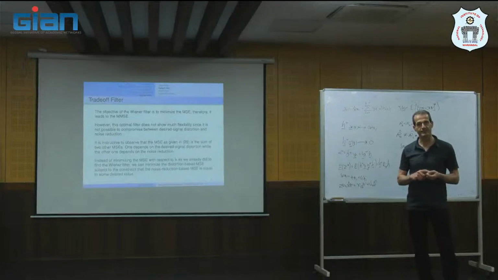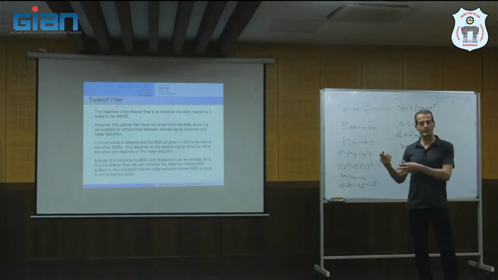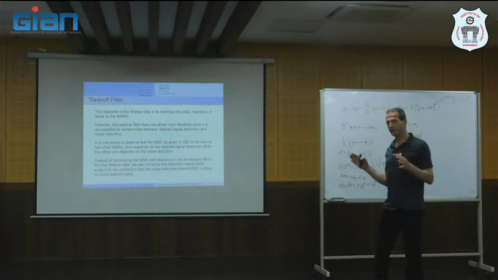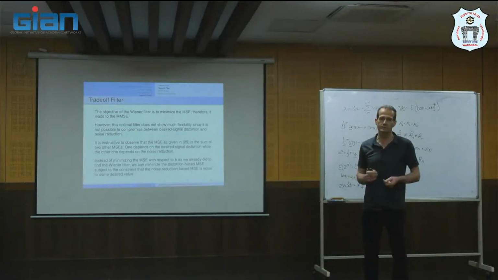So according to the minimum mean squared error criterion, the Wiener filter is better. But according to the maximum SNR criterion, the maximum SNR filter is better. So whatever is better depends on the performance measure. How do I measure what is better?